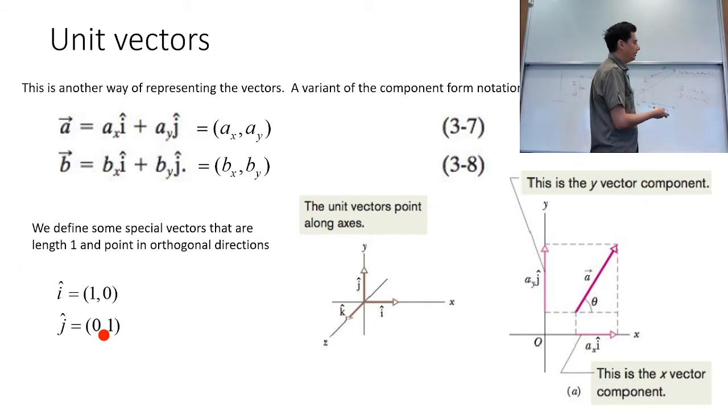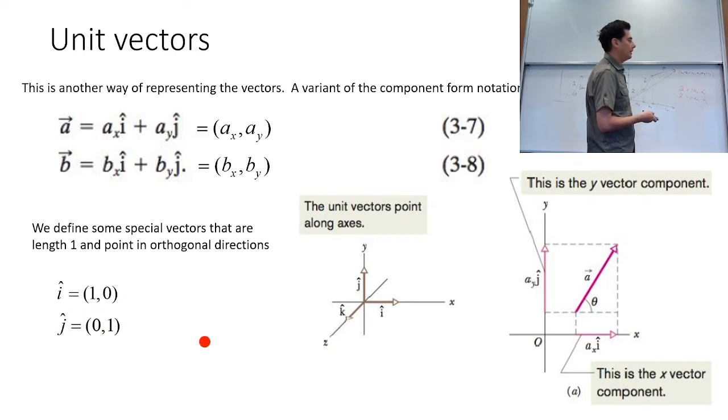So this vector i is the vector pointing along the x-axis, and it has a length of 1. j is the vector that's pointing along the y-axis, like this. Again, it has a length of 1. In coordinate form, j is 0, 1, and i is 1, 0.